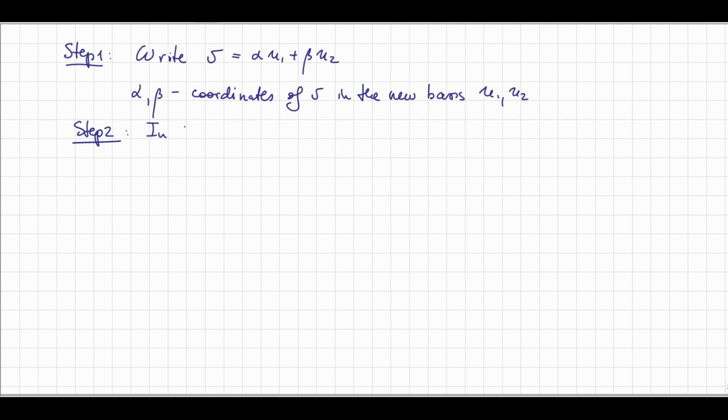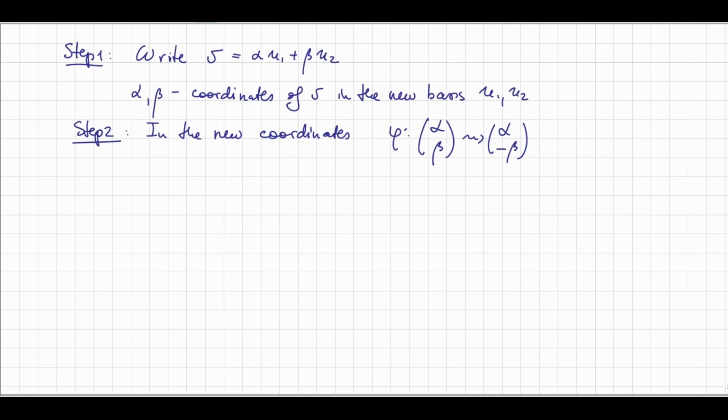Step 2. In the new coordinates, we do know what the matrix is. So in the new coordinates, with respect to the new basis u1, u2, we do know what the reflection does. It simply takes alpha, beta to alpha, minus beta, because we know what it does to the basis vectors.